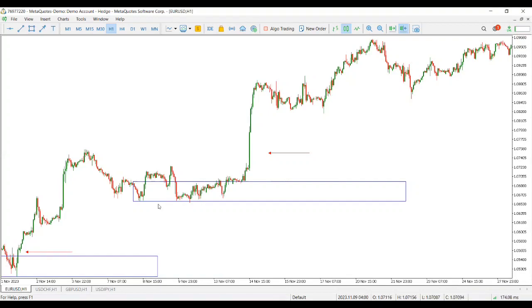Please write this down. Only look for selling opportunity on the resistance level and buying opportunity at a support level.